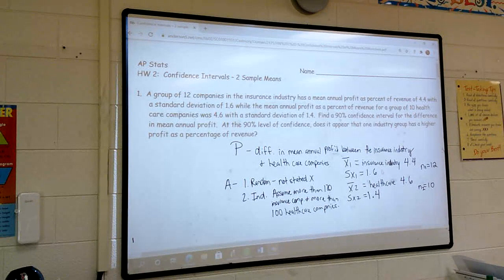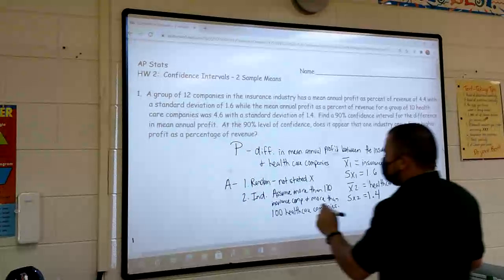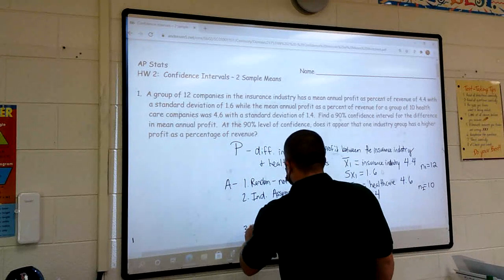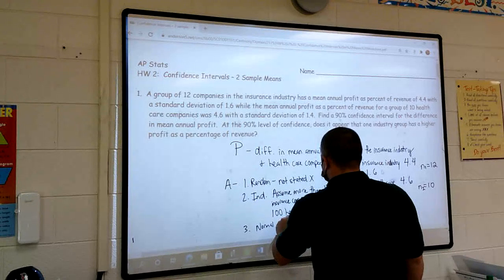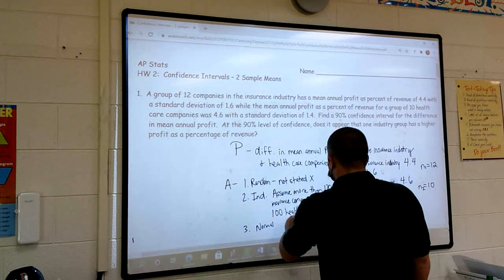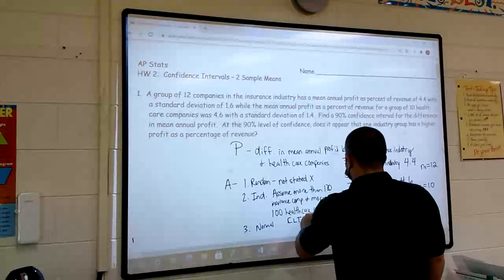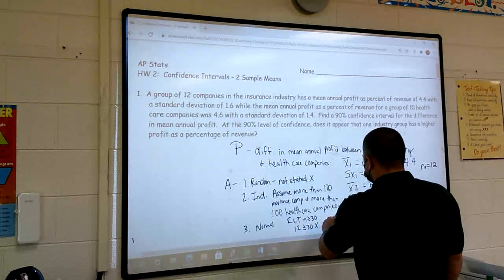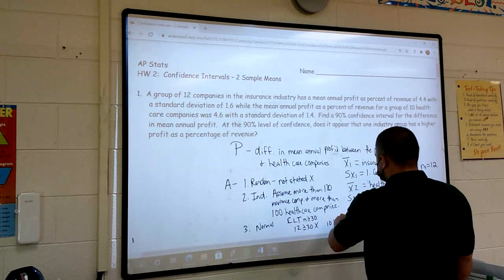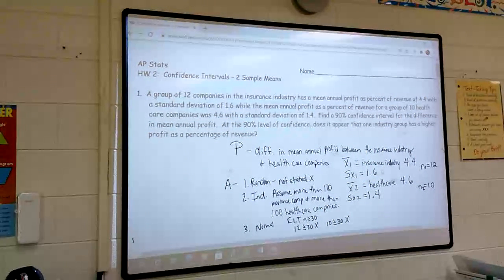Now, the third assumption is the normal one, and this one's going to fail our normal condition, because the central limit theorem says n must be at least 30 for it to be normal. We have 12 greater than or equal to 30, that's an X, and 10 greater than or equal to 30, that's another X. So it doesn't pass that either.